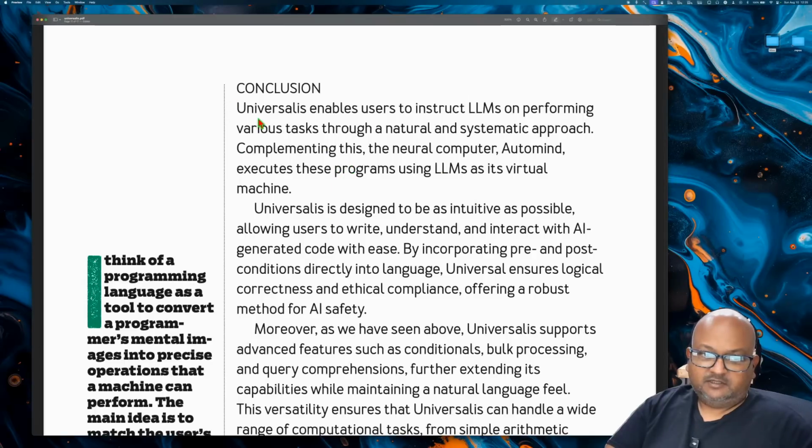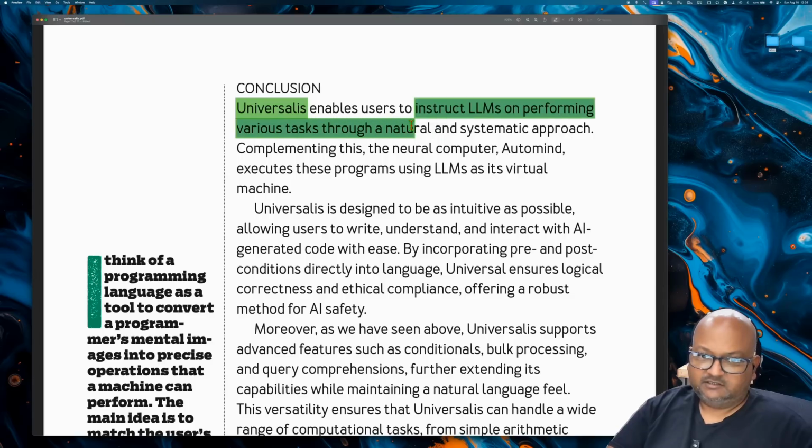So to sum up, the author here is describing a language, Universalis, to instruct LLMs purely via natural language with some very simple syntax for binding variables and then manipulating data using those variables. It lets you do loops and pattern matching purely with natural language, and it's basically using the LLM as its quote unquote virtual machine, as its execution layer.